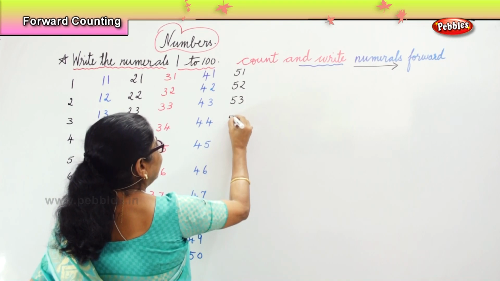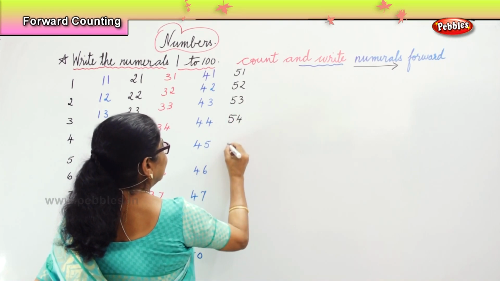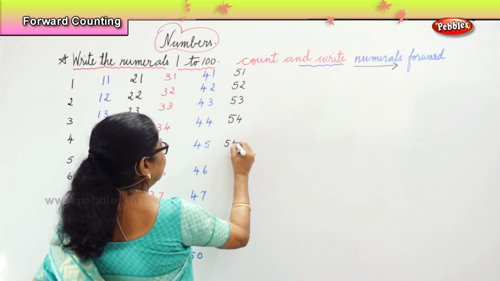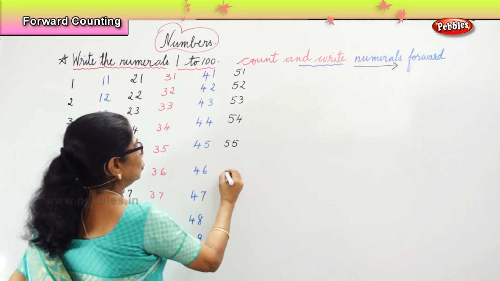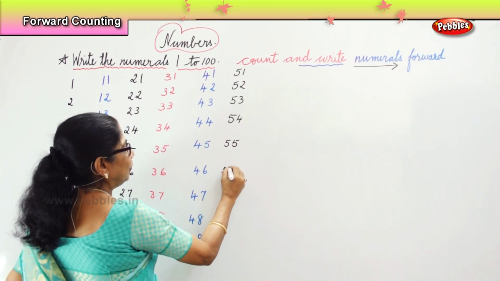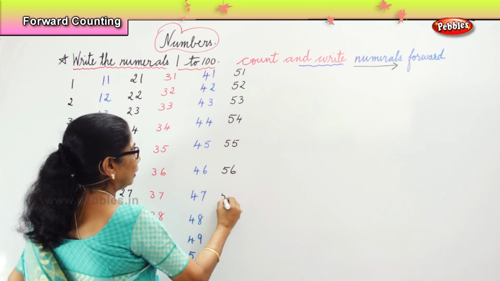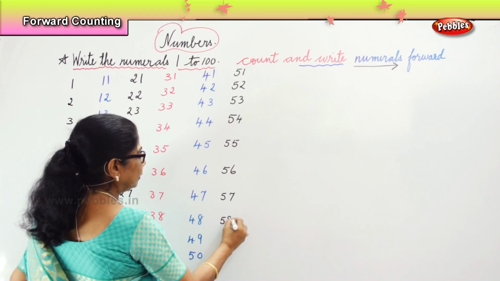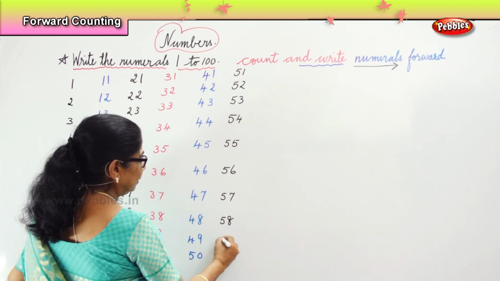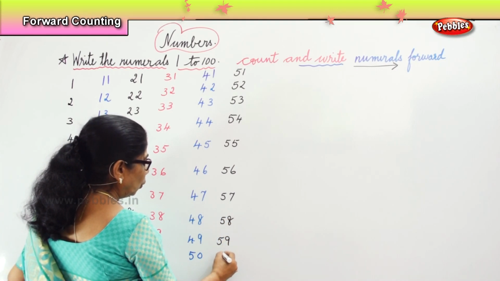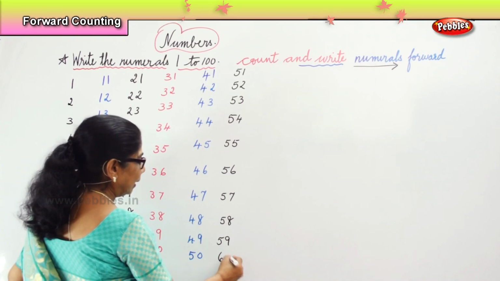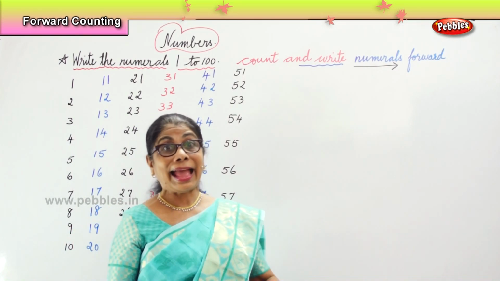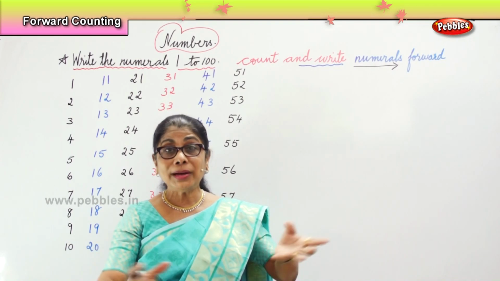Good. 54. 55. Next, count and write. 56, 57, 58, 59, and there we write 60. Counting and writing forward numbers.